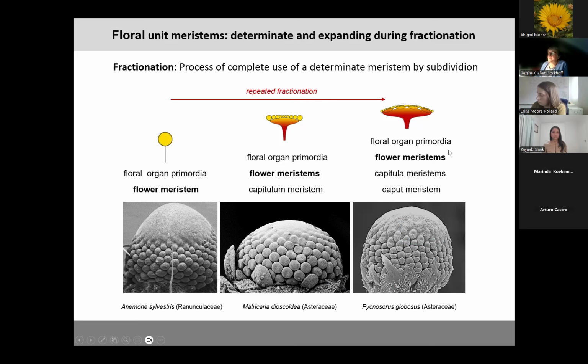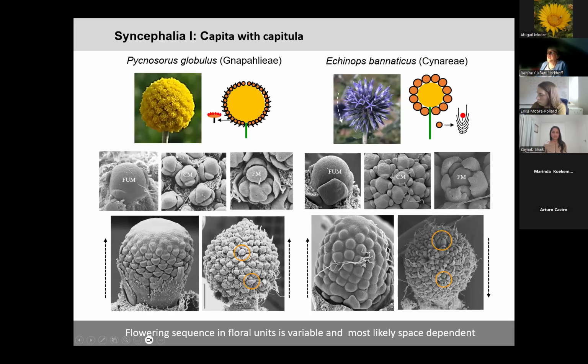So the caput meristem is the first way to produce Syncephalia, which are rare in Asteraceae, and only two genera are examined in more detail. These are Pycnosurus and Echinops. Both species, which are illustrated here, start with a large globular floral unit meristem, which fractionates into capitular meristems, which fractionate into flower meristems.